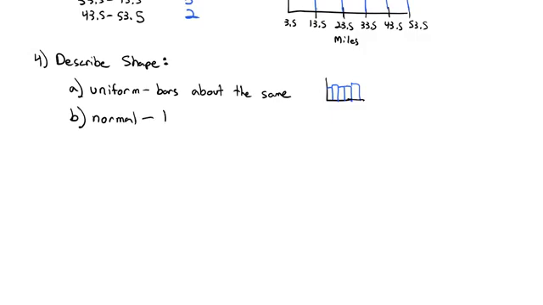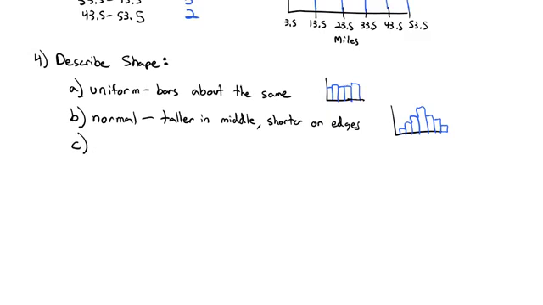The normal shape is taller in the middle and shorter on the edges. What a normal shape looks like is it generally starts short and gets taller until the middle. And then after the middle, it starts getting shorter again. It's also called the bell-shaped curve, where it goes up and then back down.